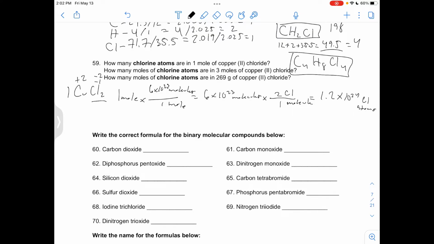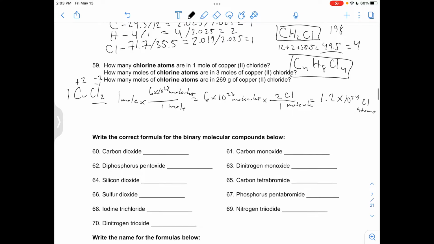Okay. Notice we want the same. How many moles of chlorine atoms are in 3 moles of copper 2 chloride? So what we're going to do is start off with 3 moles this time. Okay, 1 mole.